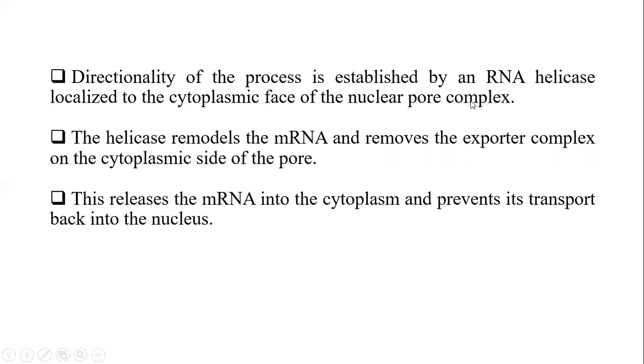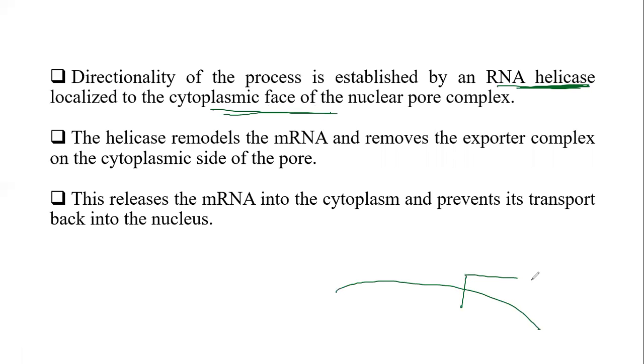Now, the directionality of the process is established by the RNA helicase localized to the cytoplasmic face of the nuclear pore complex. Now, you must be wondering why we have RNA helicase. Any idea? It is said to be present in the cytoplasmic face of the nuclear pore complex. इसका मतलब क्या?